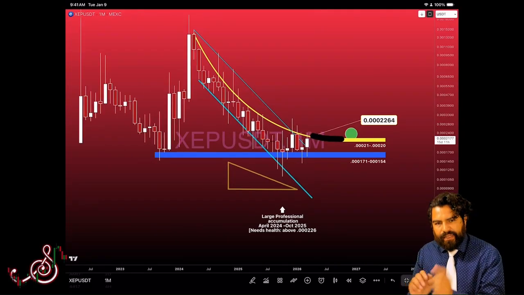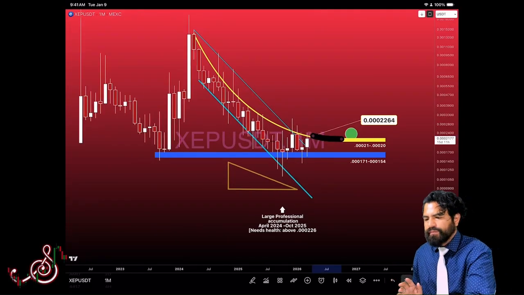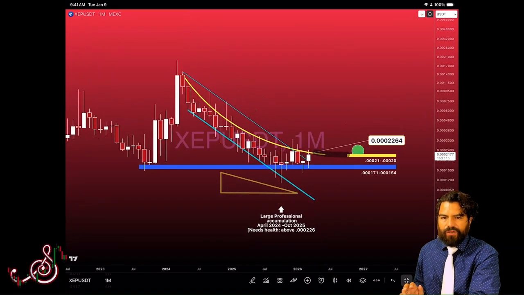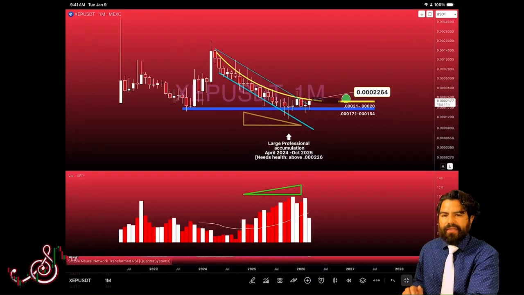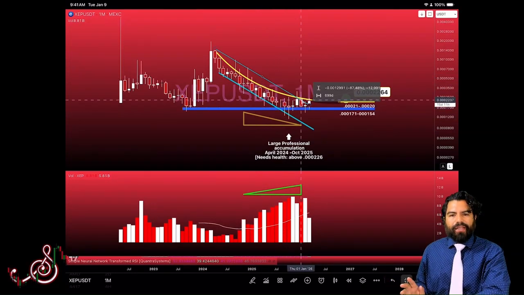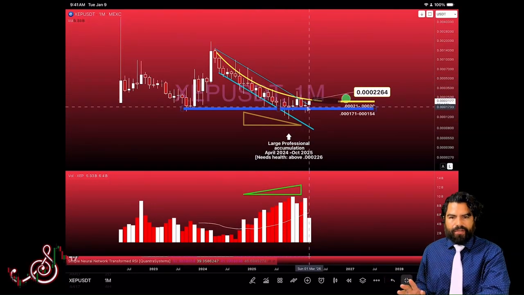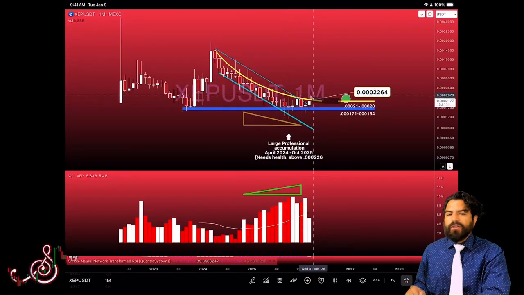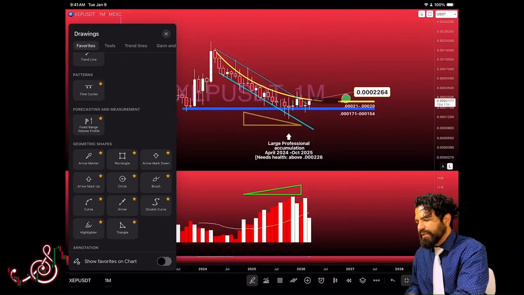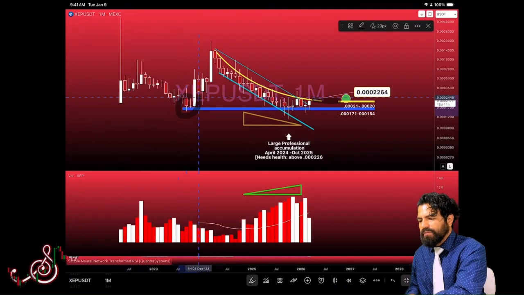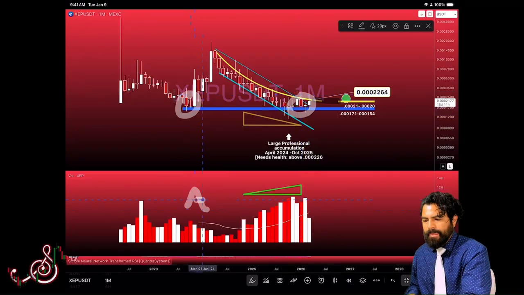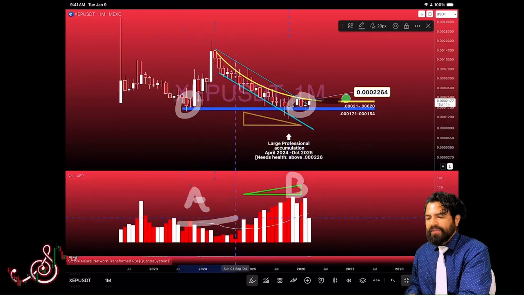All right, the next thing that's concerning for this crypto is at the challenge area. Even though there's some professional accumulation, we have not really come to a lack of demand, a lack of interest, or a no demand bar after this accumulation. We're only dealing with the increase in volume from point A to point B. We can see that the volumes increase.